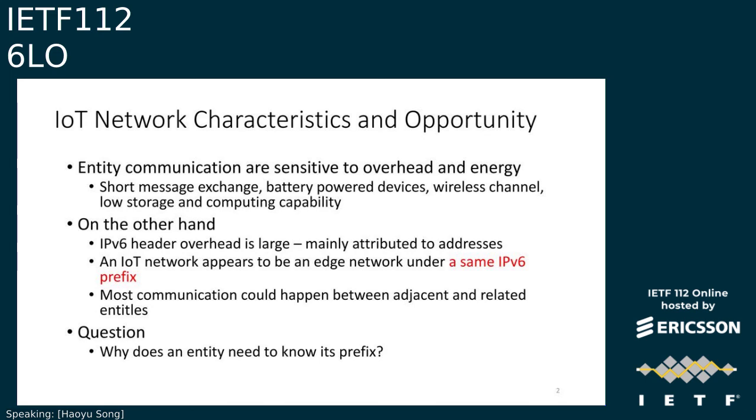Meanwhile, most of the communication happens in the edge network, between adjacent and related entities, and they share the same IPv6 prefix. So the key observation is: why should the entity know the prefix in the first place? Next slide, please.